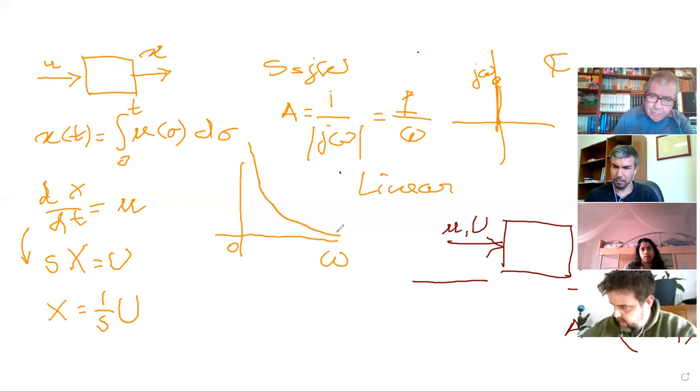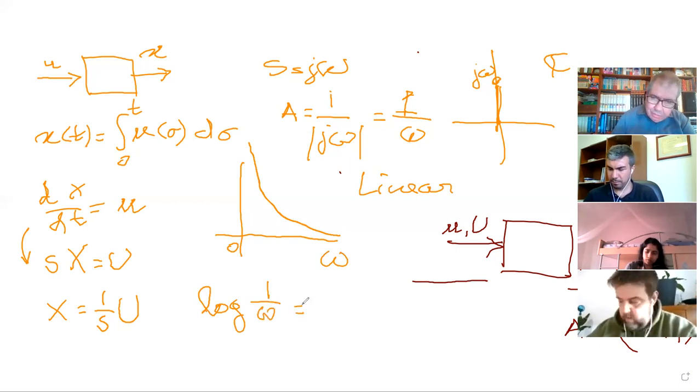Now, if you take the logarithm to see this in logarithm coordinates, the logarithm of 1 divided by omega is what, in terms of omega? Minus the logarithm of omega.